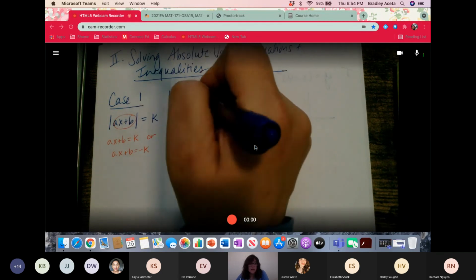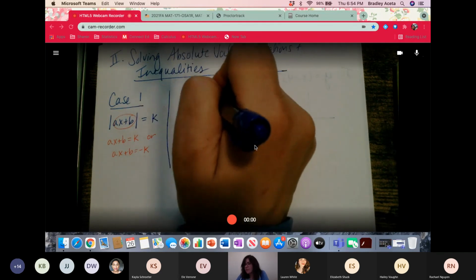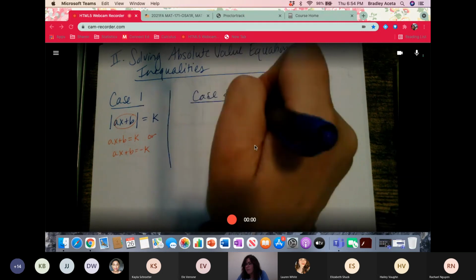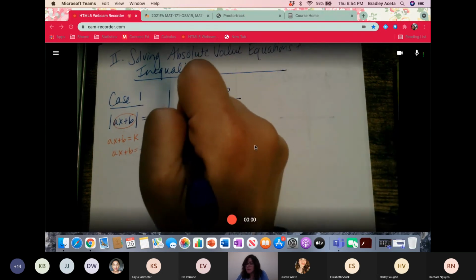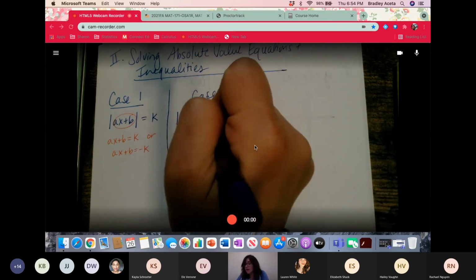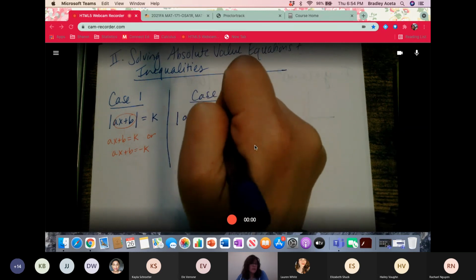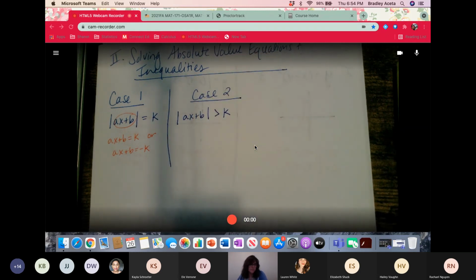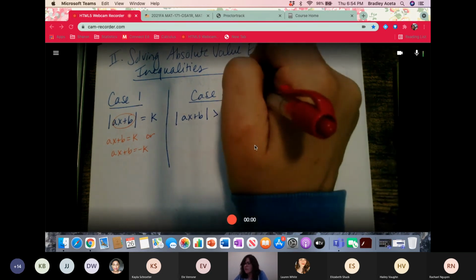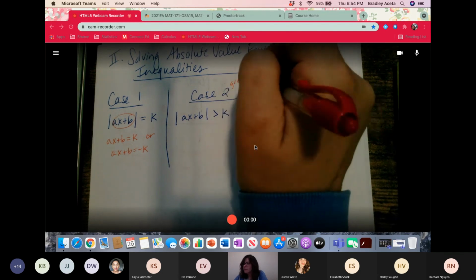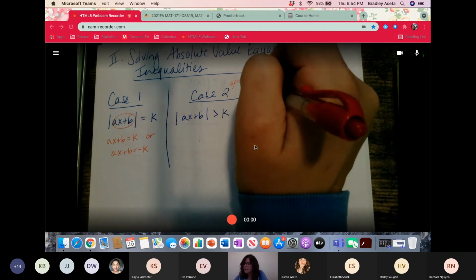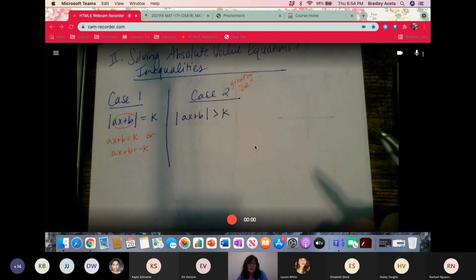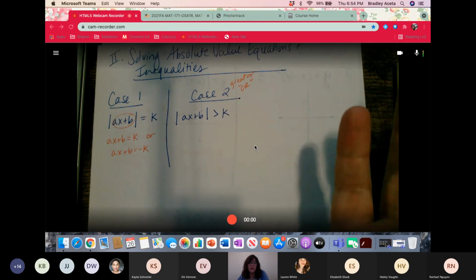The second case we could get is an inequality. So I could have the absolute value of ax plus b being greater than k. Greater. I like to say it that way because it helps me remember. Greater or. If you remember from algebra, there was something called an OR graph.